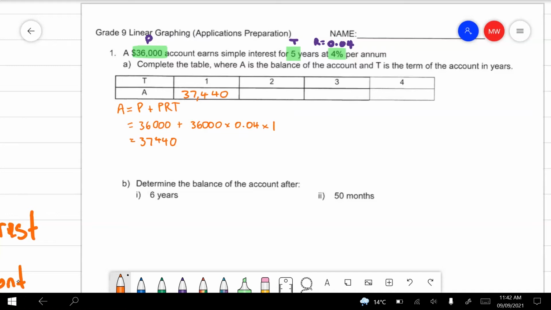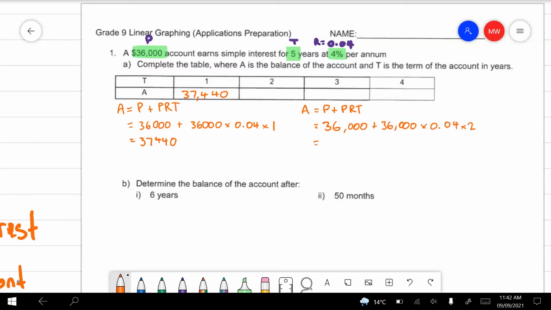We'll do it for 2 years. So if we've got an account balance equals principal, plus the interest, PRT. That's going to be this time 36,000 plus 36,000 times, excuse my touch screen, 0.04 times 2 this time.